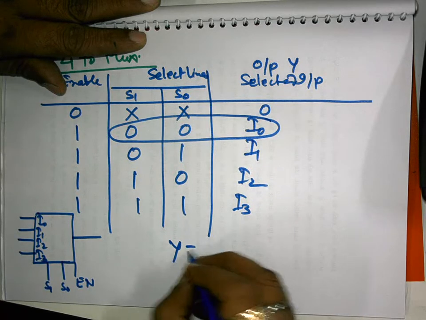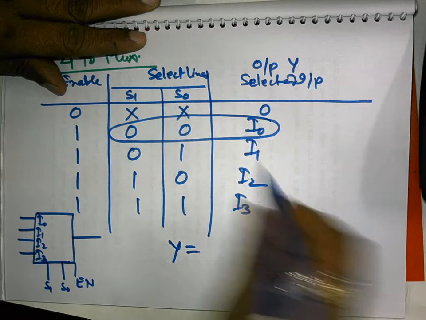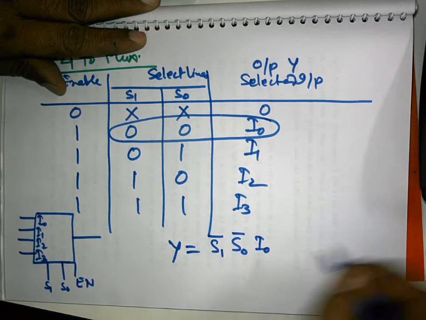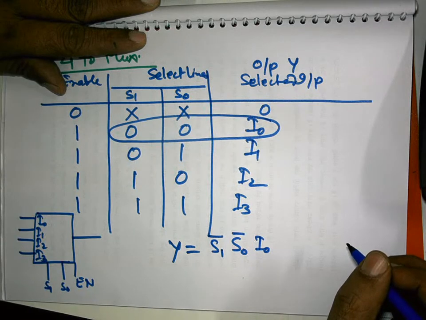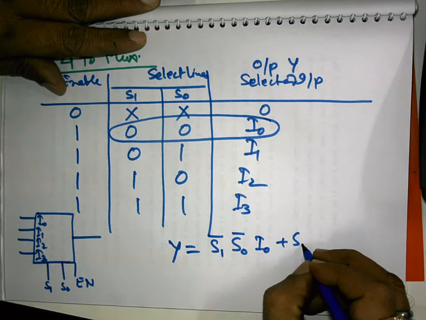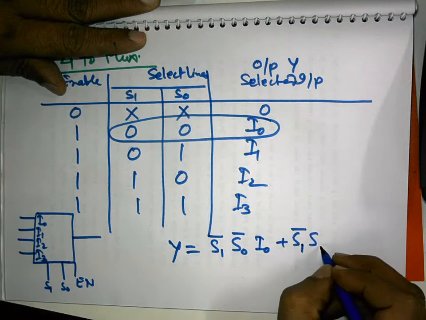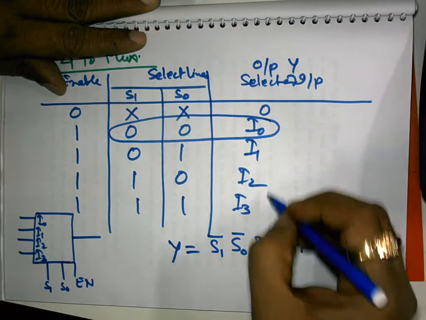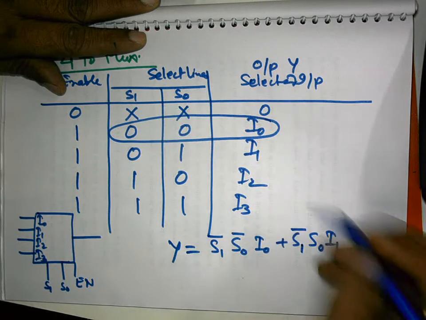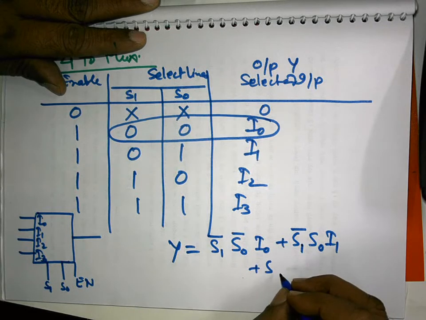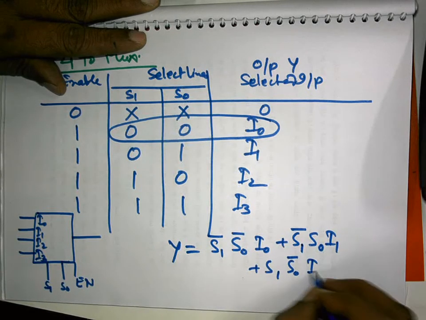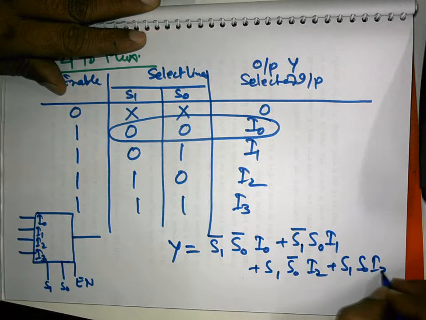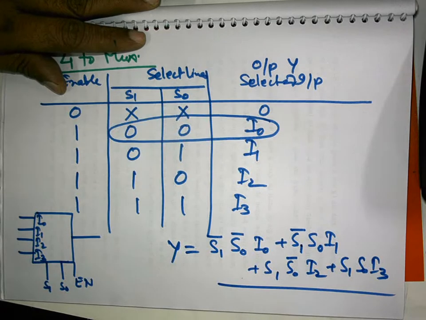So what function does this Y have? Y equals S1 bar S0 bar I0 plus S1 bar S0 I1 plus S1 S0 bar I2 plus S1 S0 I3. So we have to realize this function.